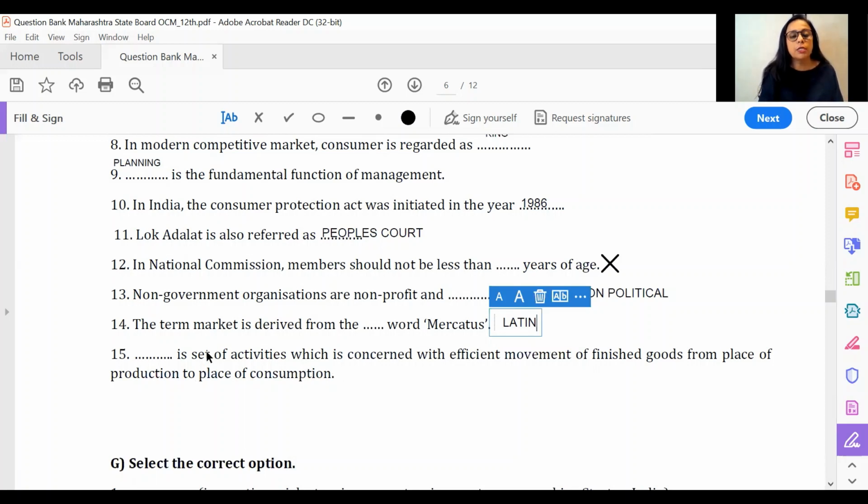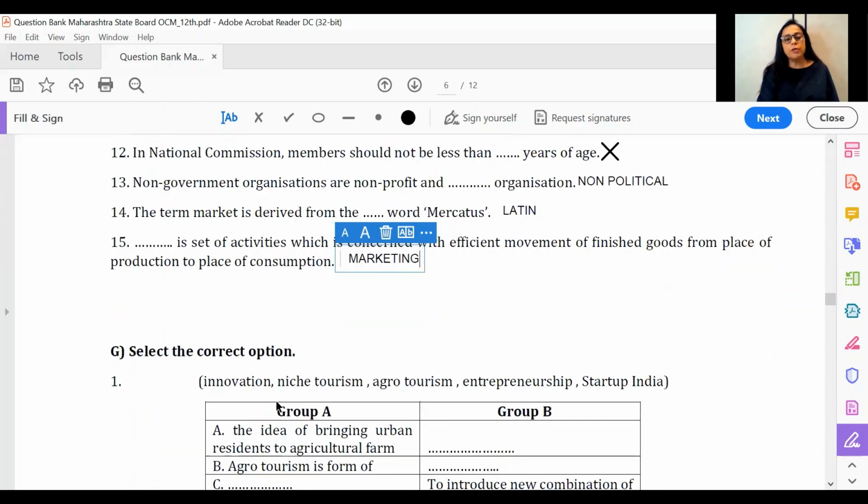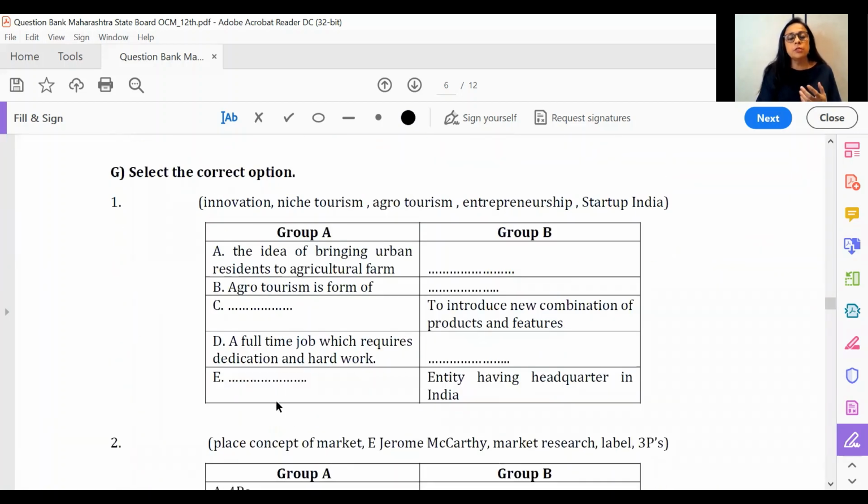This one particular thing is a set of activities which is concerned with movement of finished goods from place of production to place of consumption. Though somehow the textbook has missed a wonderful definition of marketing, here, since they're talking about a set of activities, the answer should be marketing.